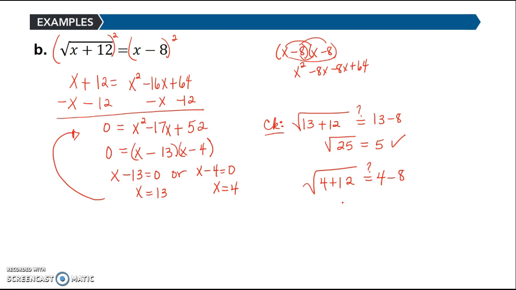The square root of 4 plus 12 is the square root of 16. Does that equal negative 4? No, because the square root of 16 is positive 4, not negative 4. So 4 is an extraneous solution. We have to discard it. And our only solution is 13.